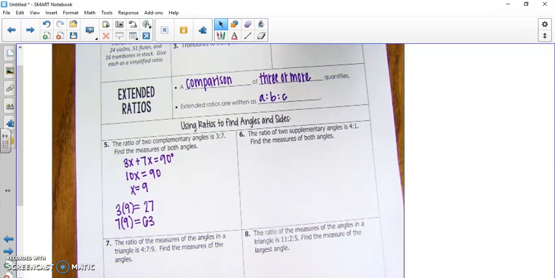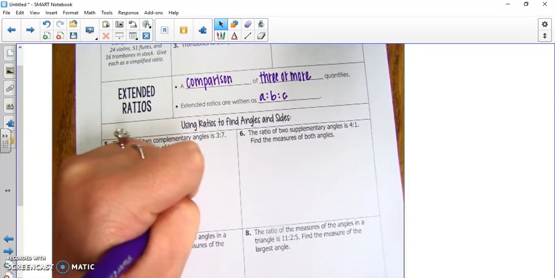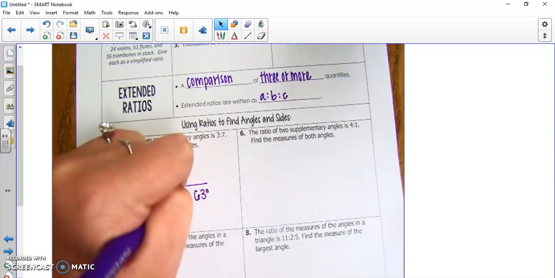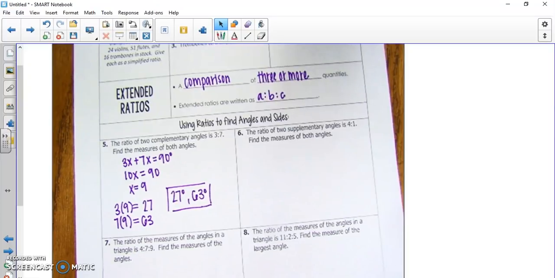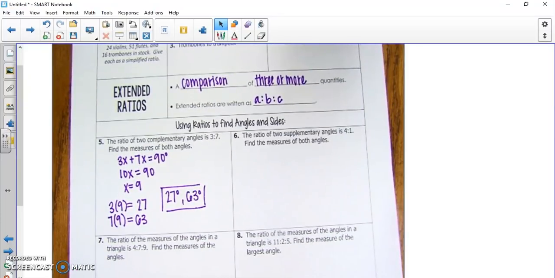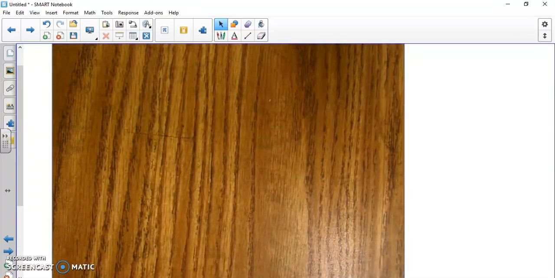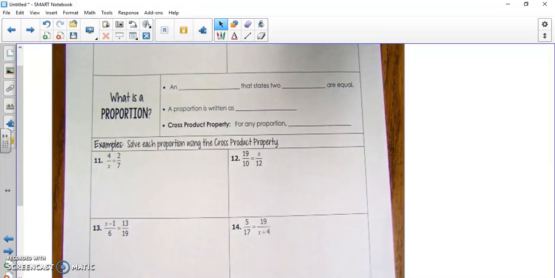So our answer would be 27 degrees and 63 degrees. All right? All right, so I'm going to let you guys finish the other 3 on this page, and we will go over our proportion notes. All right?